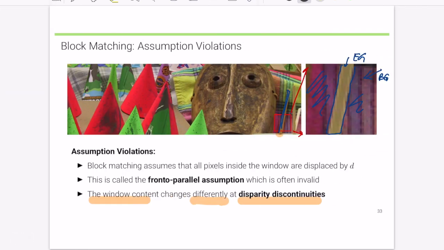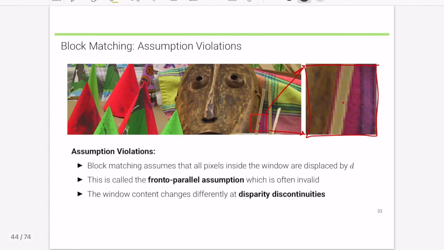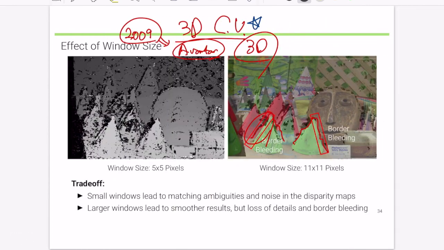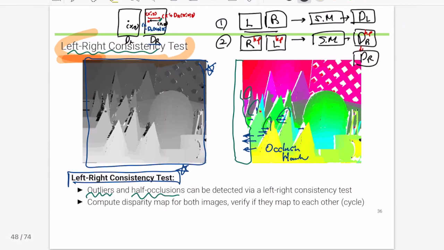Another violation is the disparity discontinuity, because pixels move differently depending on disparity or depth. Okay. So in the left-right consistency check, outliers or occlusions can be detected.